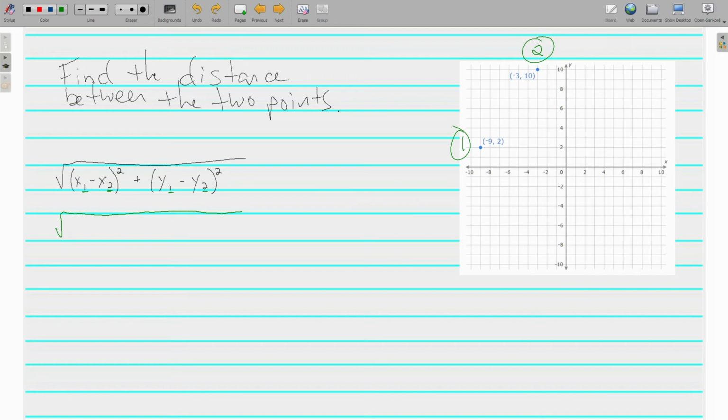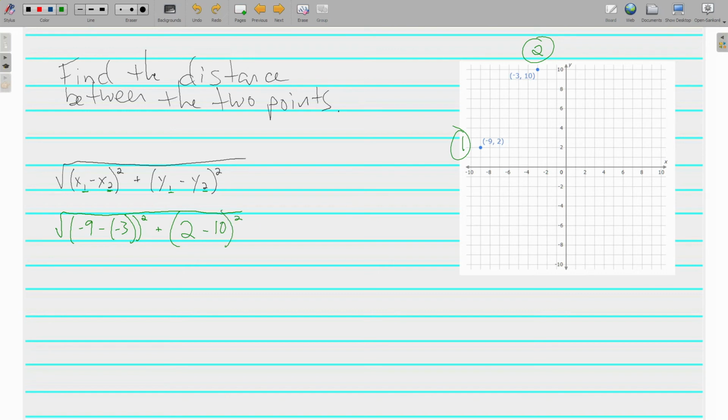Anyway, I'm going to plug in these numbers. So for point 1, my x value is -9, minus my x value of point 2, which is -3, all that squared, plus the y value of my first point, which is 2, minus the y value of my second point, which is 10, squared.